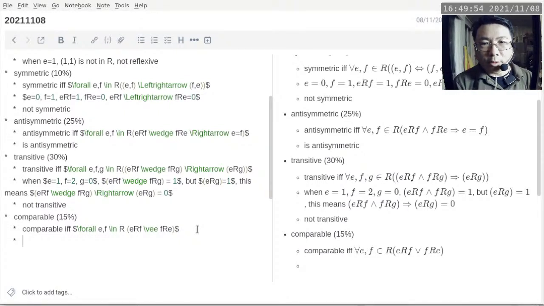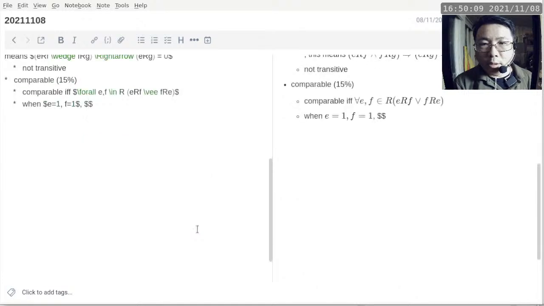So now we can say when E equals 1, F equals 1, then E R F, oops, let me use the equation dollar signs, and then I was trying to use the cursor key, but I hit the page up instead.